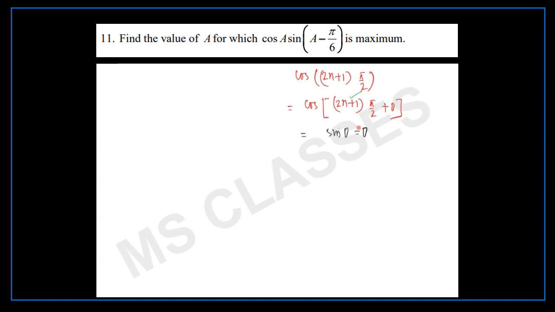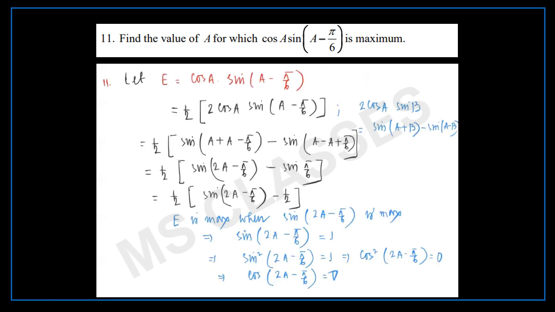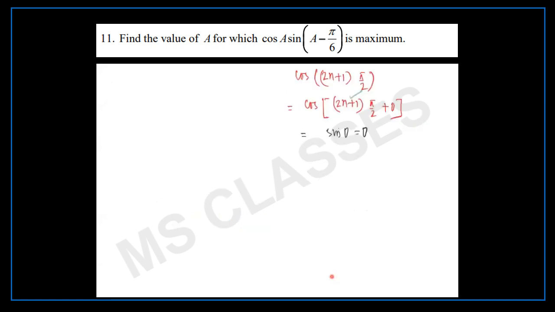That we know. Now here in this question, what have they given us? Cos(2A - pi/6) = 0. From this, can we say that 2A - pi/6 = (2n+1)pi/2?